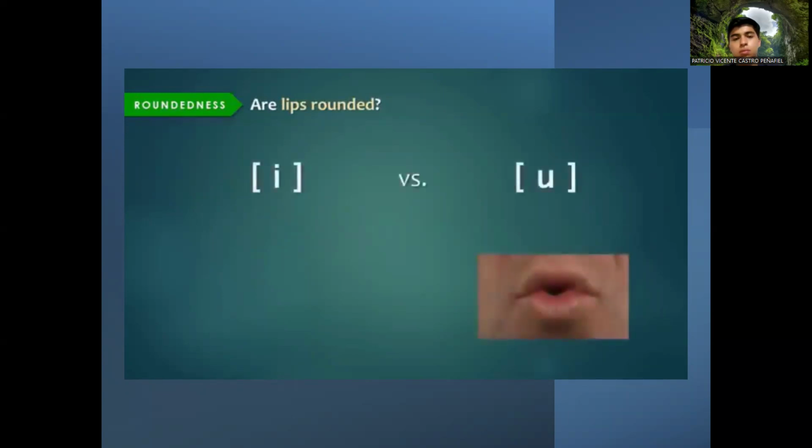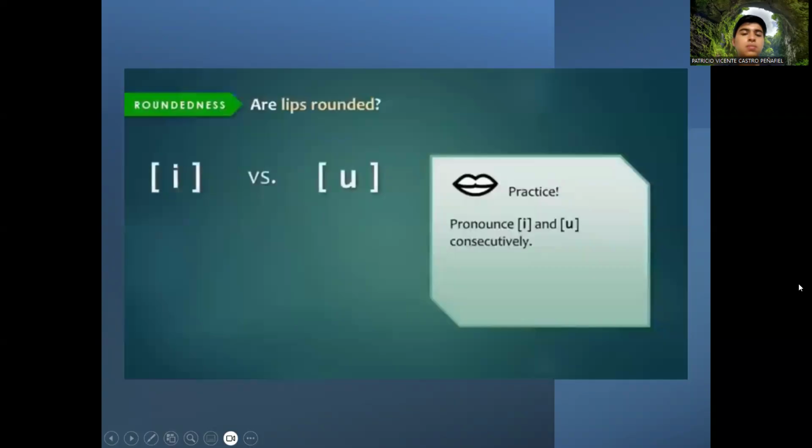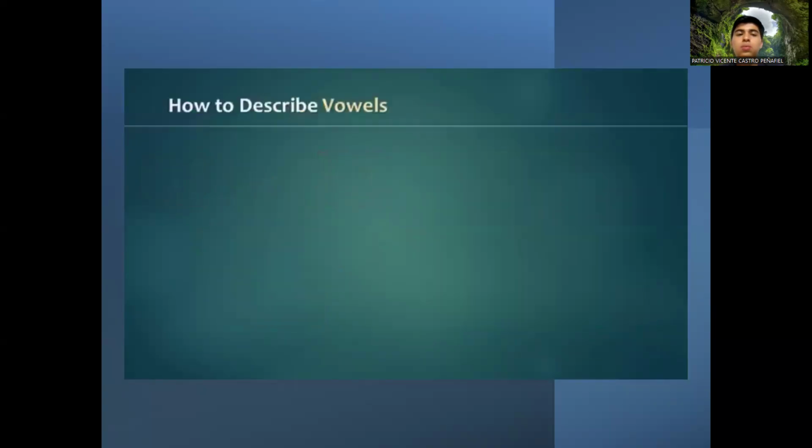OO, as you can clearly see and feel, is a rounded vowel, whereas E is not a rounded vowel. E, OO, E, OO.